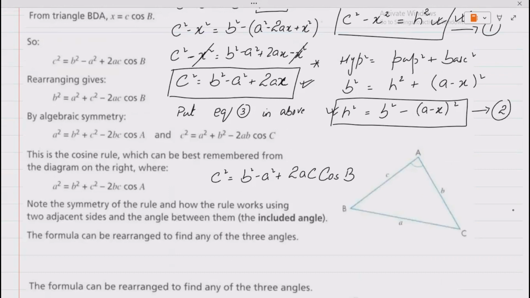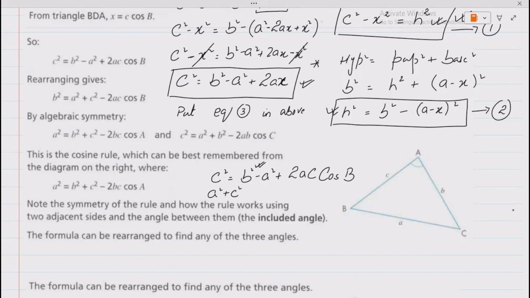Now the last thing is to arrange this. So how can we arrange things? First thing is to solve this for b, right? So take b on one side and take all the other things to the other side. So a square comes here, c square remains as it is, plus c square.